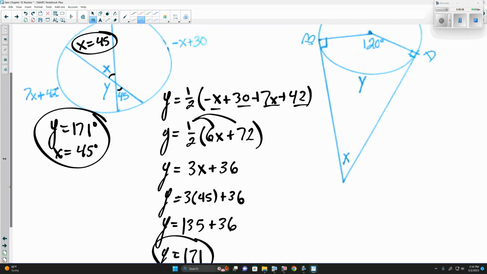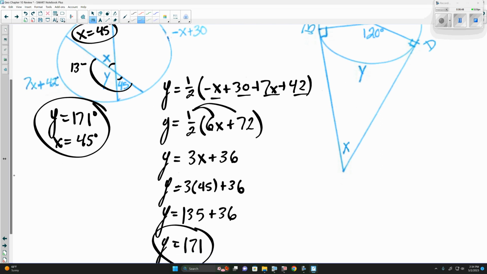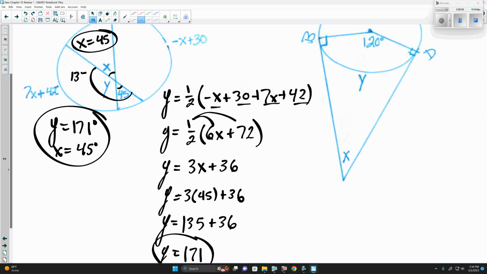Because we could have gone about it another way and said that these two angles here add together to be 180. No, it's not. Well, it's not that, it's half a circle. It should make a straight line. So it's 135.